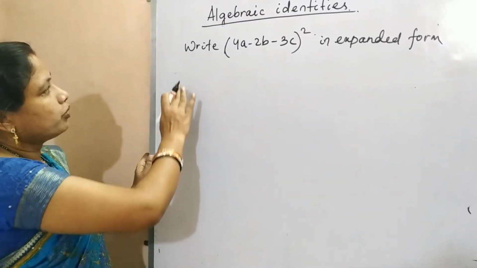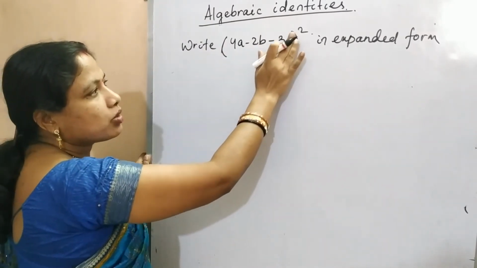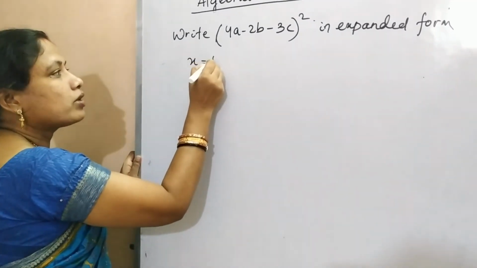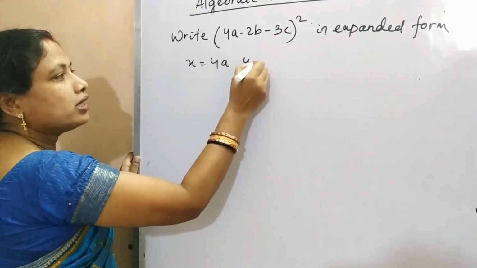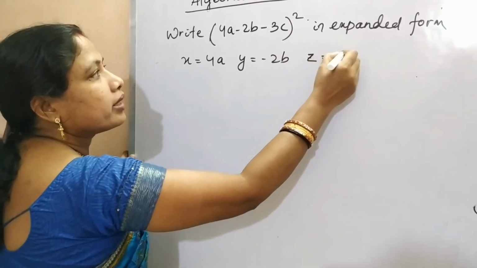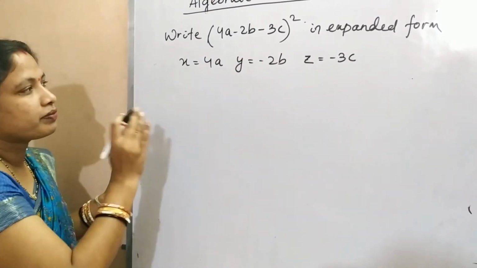Next example, write 4a minus 2b minus 3c whole square in expanded form. So here x is equal to 4a, y is equal to minus 2b and z is equal to minus 3c. Then we have to put these values in our fifth identity.